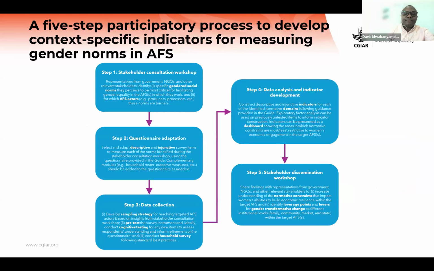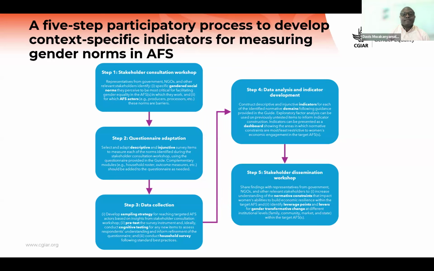This figure summarizes a 5-step participatory process to develop context-specific indicators for measuring gender norms in agri-food systems. The process consists of those 5 steps, starting with stakeholder consultation, then questionnaire adaptation. We have step 3 on data collection, data analysis and indicator development, and finally the stakeholder dissemination workshop. All these steps will be described in the subsequent slides, so I won't get into details now.